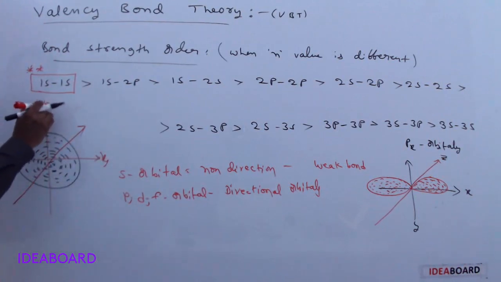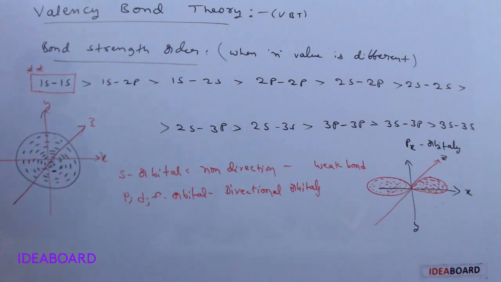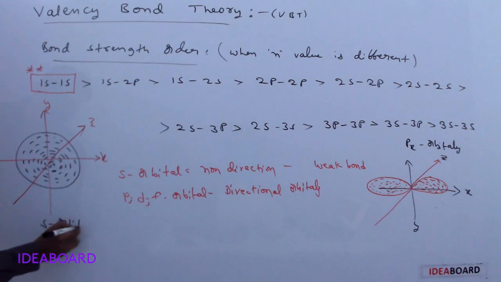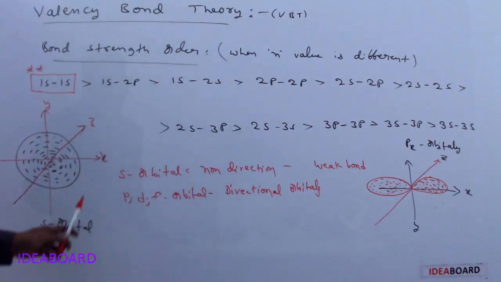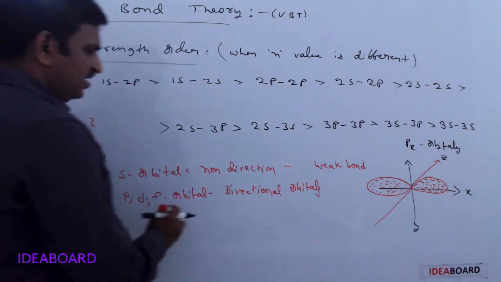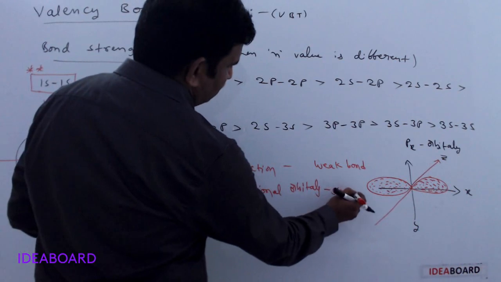In all three axis directions we have the electron density for s orbital. So s orbital is considered a non-directional orbital and it forms a weak bond. P, D, F orbitals are directional orbitals, they form strong bonds.